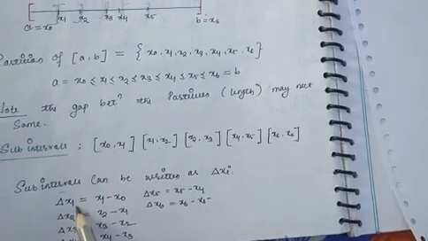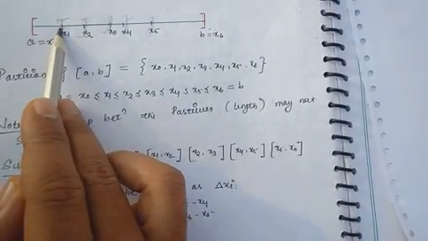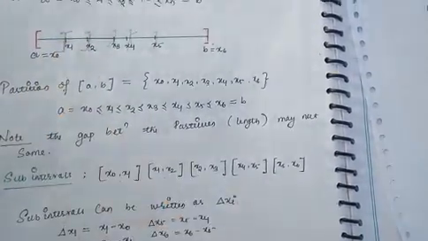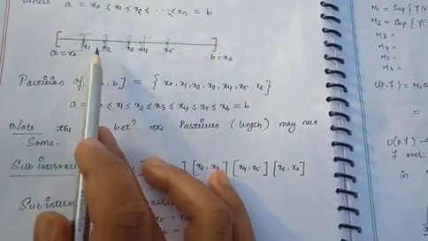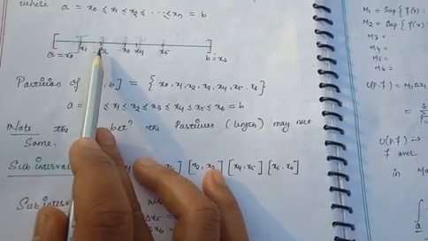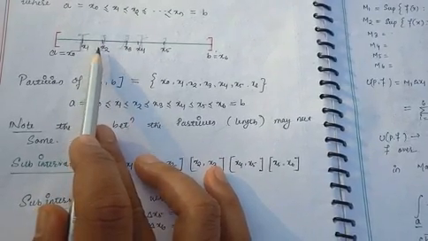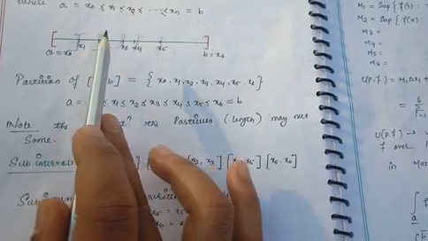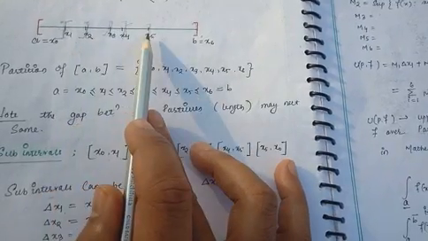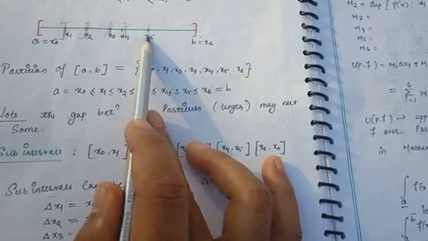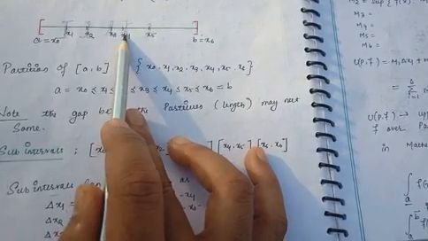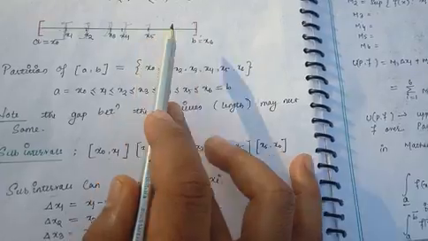The subinterval lengths can be written as del xi, where i is 1, 2, 3 and so on. del x1 is x1 minus x0. Similarly for [x1, x2], the length is del x2, and del x2 is x2 minus x1. Similarly, del x3 is x3 minus x2, del x4 is x4 minus x3, del x5 is x5 minus x4, and this is del x6.